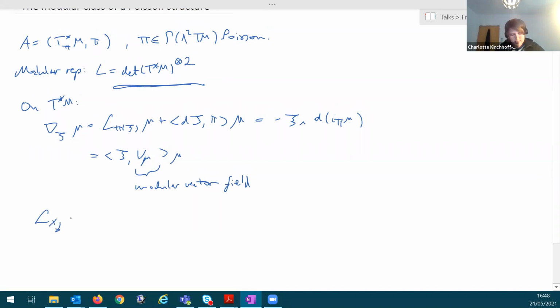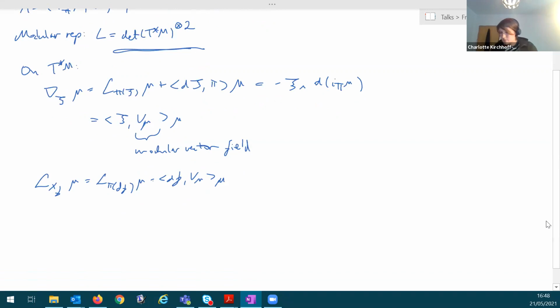So you would write it directly like this. Which is, of course, the same expression as above, just specialized to exact one forms.